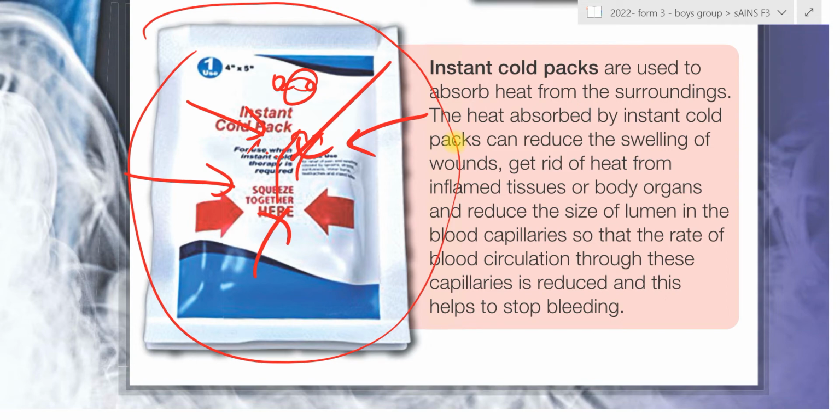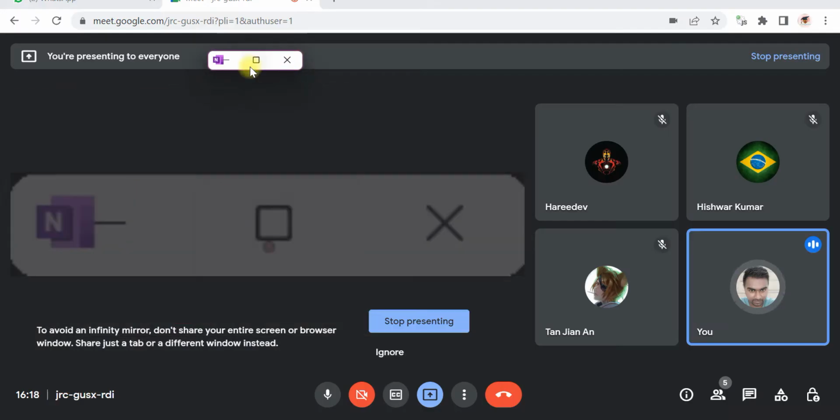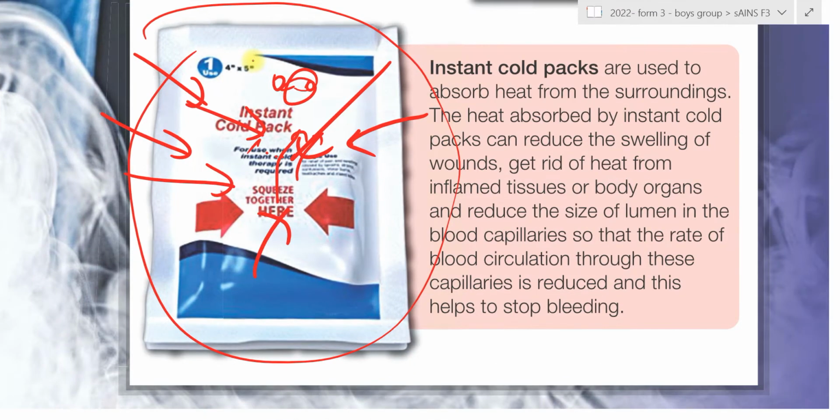So the air around the cold pack will be losing its heat energy and hence become cold air. That is the cold sensation. That cold is not coming out from the cold pack. It's actually the air around the cold pack, because it causes all the heat around it to be absorbed.